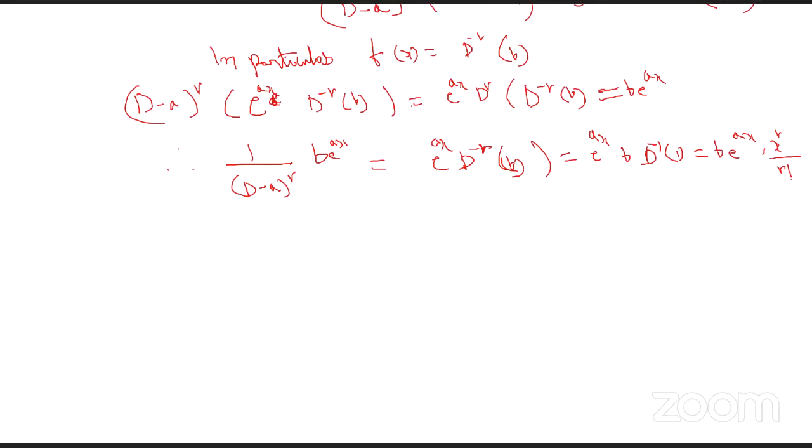The exclamation mark means r factorial. Consider this equation number 3.